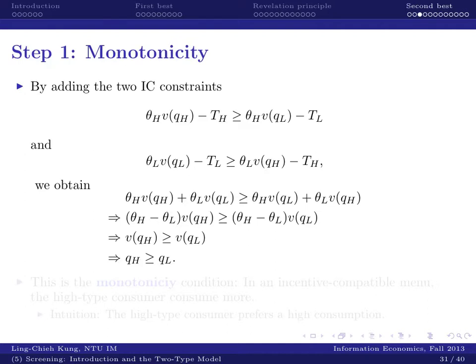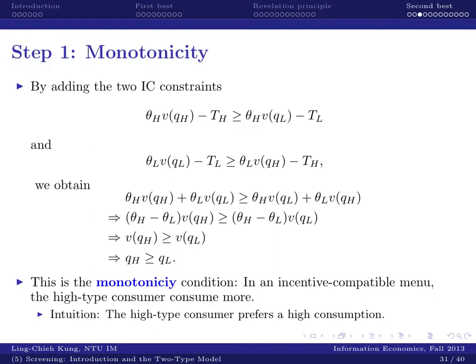Every feasible solution satisfies this inequality. That means in any incentive compatible menu, the high type consumer is going to be offered a higher quantity. Intuition, why is this true? Because high type consumers prefer a high consumption.